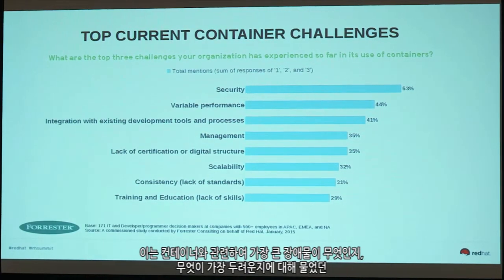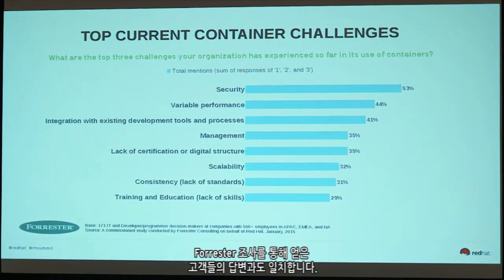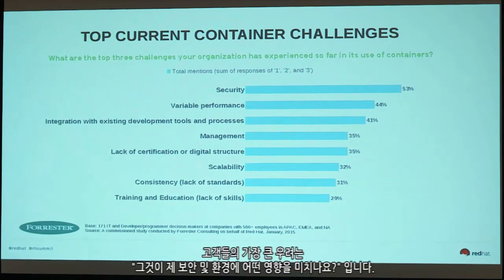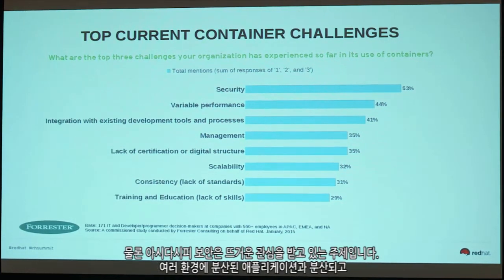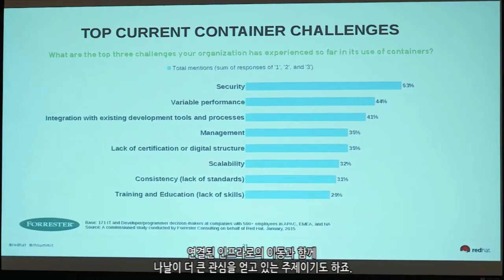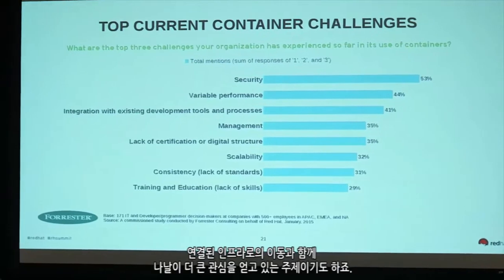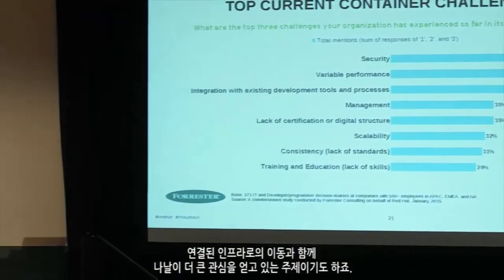Again, the Forrester study asking, what are the biggest obstacles and what are you afraid of with containers? The number one concern we get is, how does that affect my security in my environment? And of course, security is a hot topic, we know that, and it's only getting hotter every day with the move to distributed, connected infrastructures and applications distributed across multiple environments.